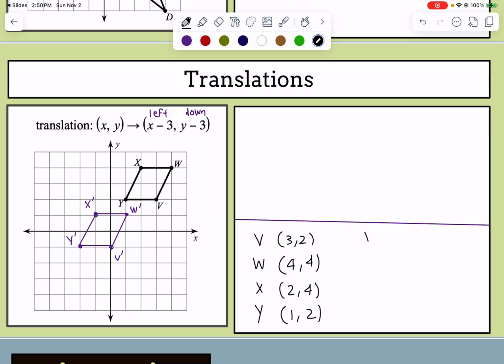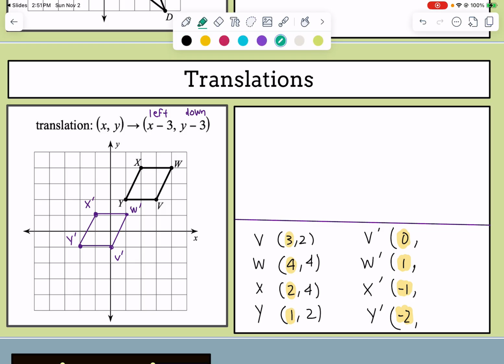So now I have to find V prime, W prime, X prime, Y prime. I like to start all my parentheses up. And I'm just going to take all 4 of my X terms and I am going to subtract 3 from all those. So 3 minus 3, 0. 4 minus 3 is 1. 2 minus 3 is -1. 1 minus 3 is -2.